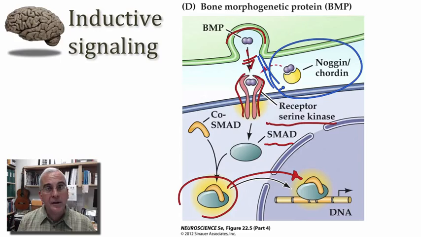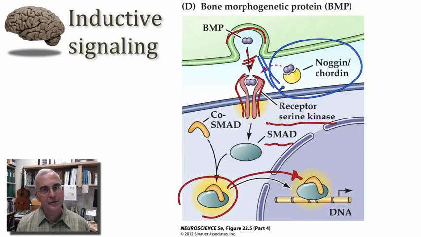When noggin and chordin antagonize the BMP signaling pathway, preventing BMP from interacting with its surface-bound receptor, that ectoderm will be diverted from an epidermal fate to a neural fate. With noggin and chordin, this tissue will differentiate into what we call the neuroectoderm, or the neural plate.